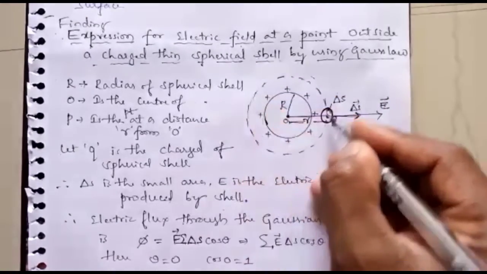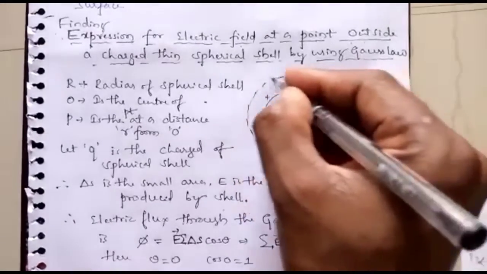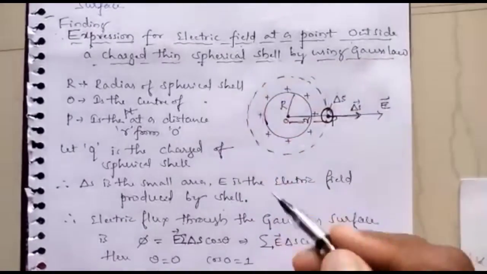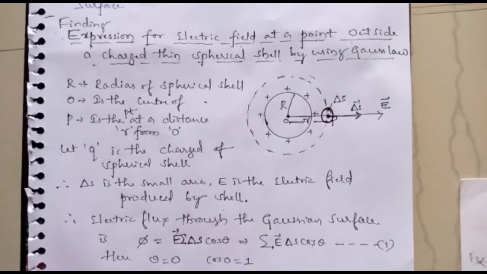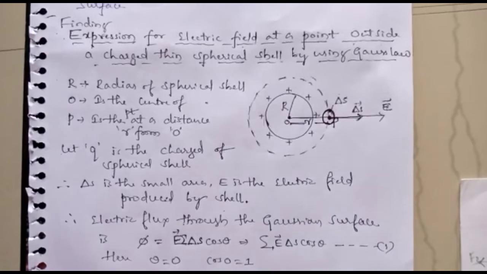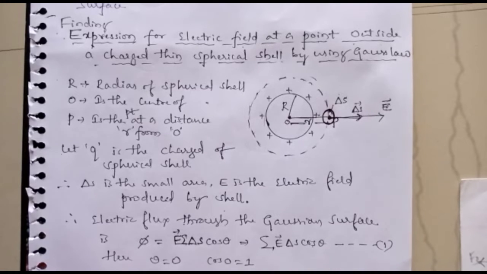Summation of delta S means the surface area of this sphere. This is a Gaussian spherical surface. We know the area of the sphere is 4 pi r square. This r is the radius of the Gaussian surface, because summation of delta S is 4 pi r square.